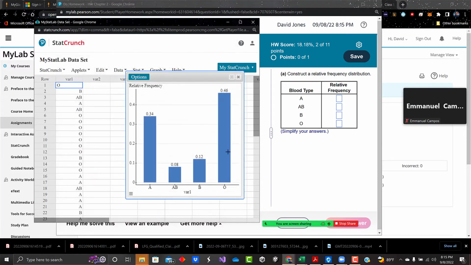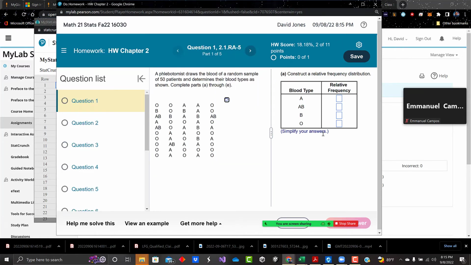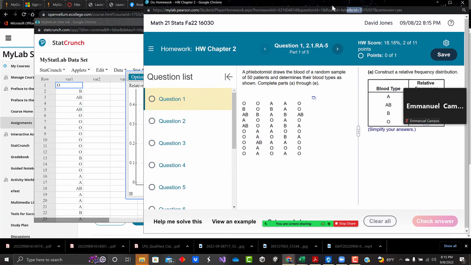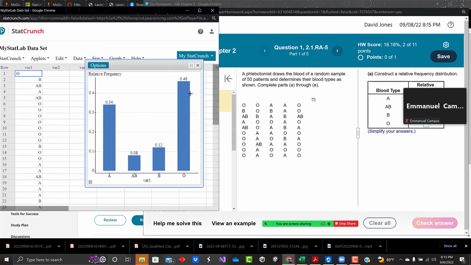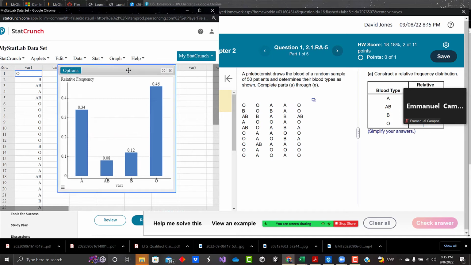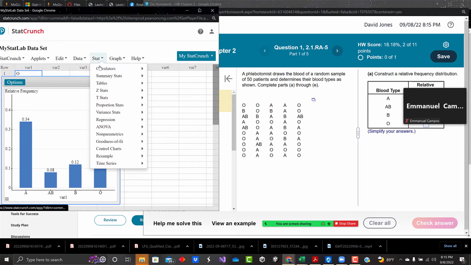If I click compute, it's got the values up here. How many decimal places did they want? Oh, it's already to the right number of decimal places. So it's got the values right there. Another way to do it is you can do stats, tables, frequency.